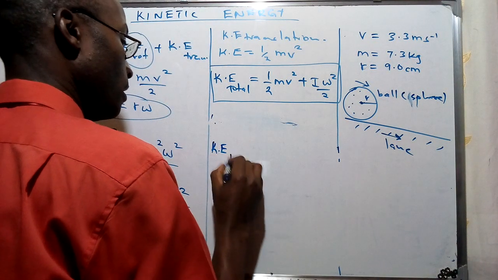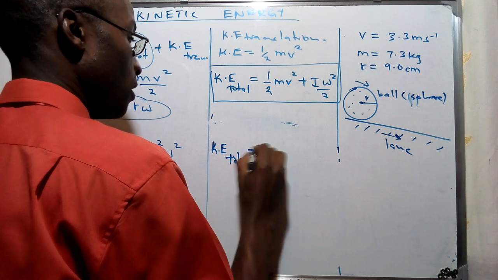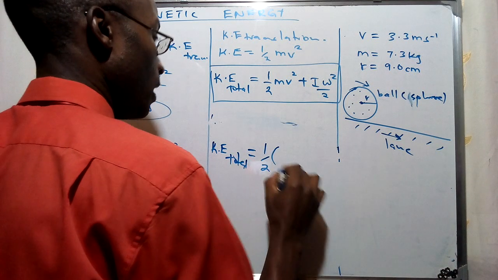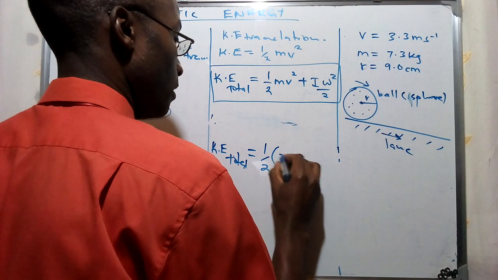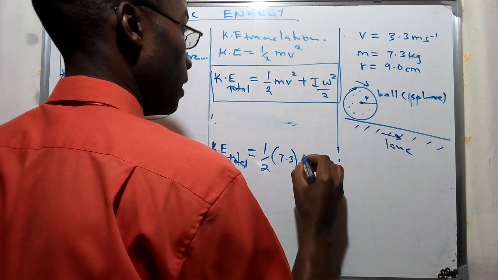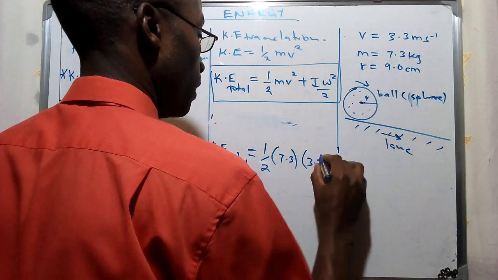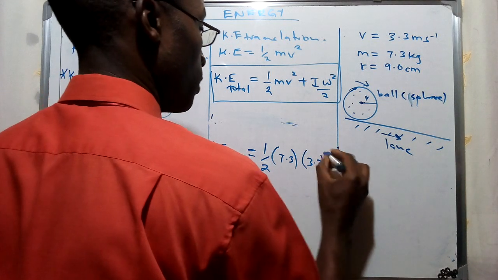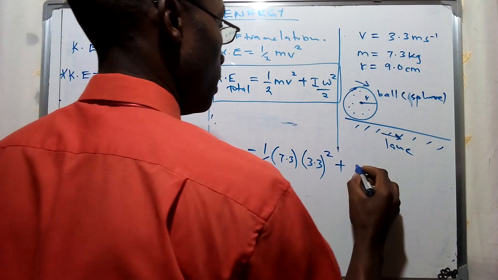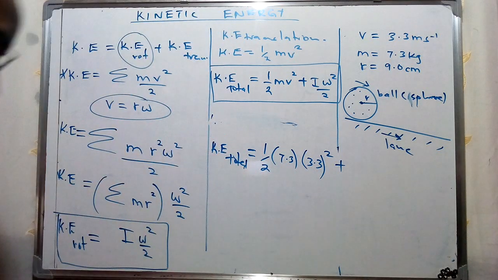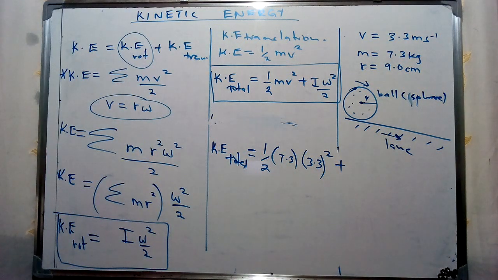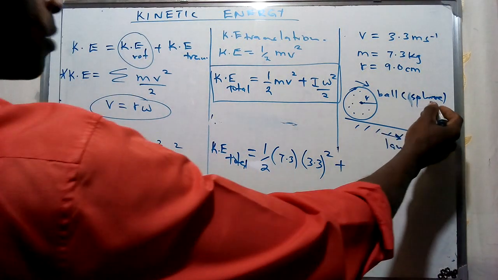So basically, I'm going to use a lower section for the sake of space, so that we have the total kinetic energy given in terms of a half. The mass is 7.3 kilograms, and then we're going to have the velocity 3.3, and we're going to do a square of that one. So plus the moment of inertia in this particular case is going to be given in terms of the moment of inertia of a solid sphere.